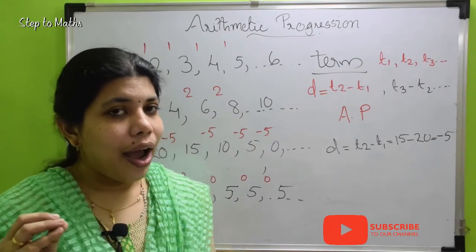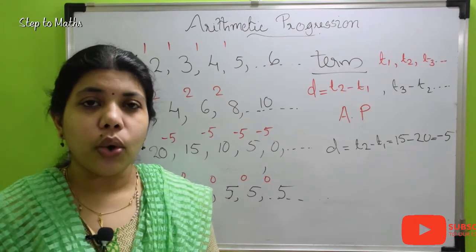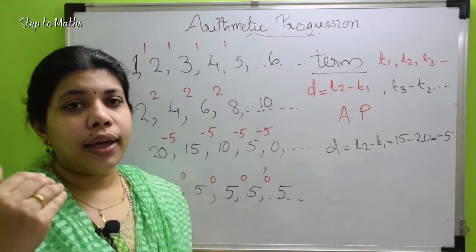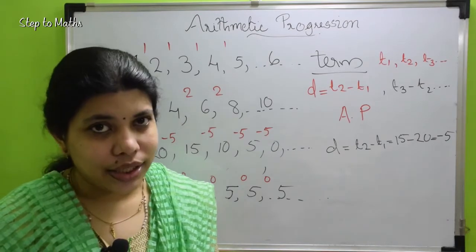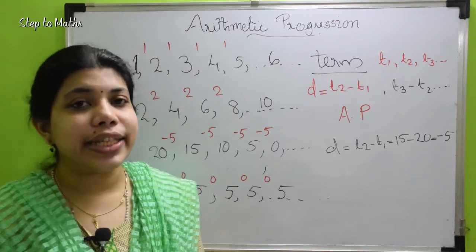If we arrange numbers in a particular order, or they follow a definite rule, that set of numbers is a sequence. Each number in the sequence is known as a term.